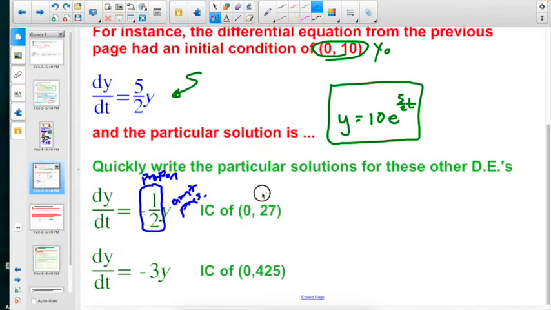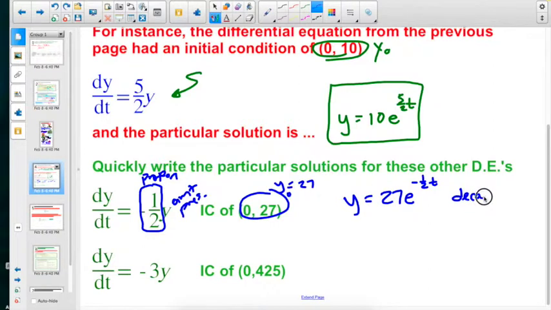And we have an initial value here of 27. So we should be able to write the exponential function directly, and with our proportionality constant being negative, this must be a decay problem.